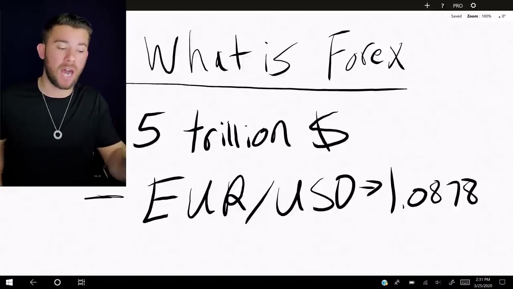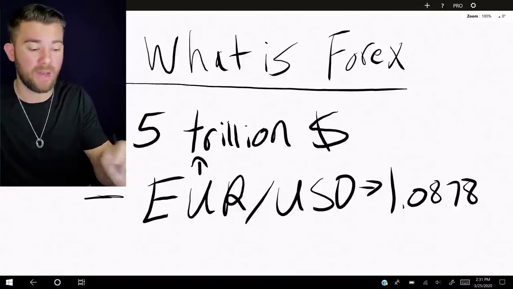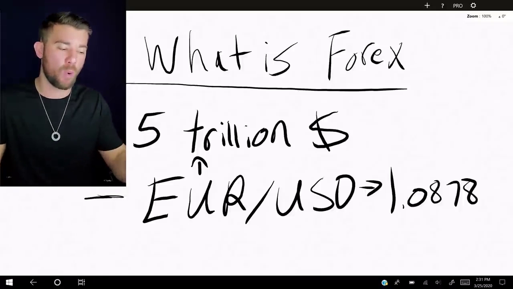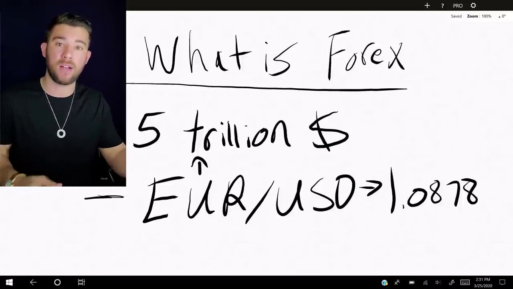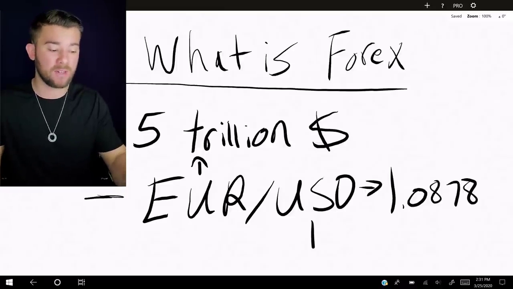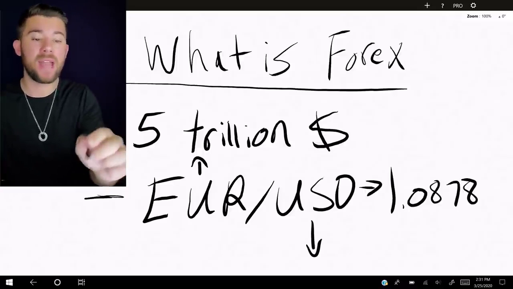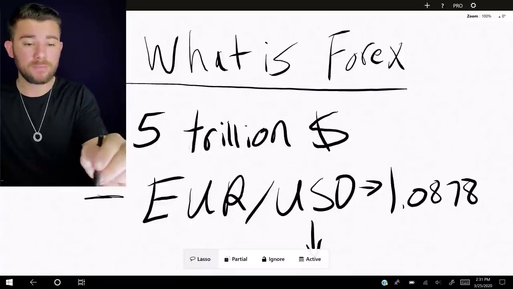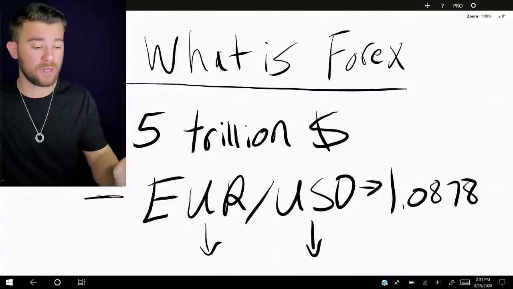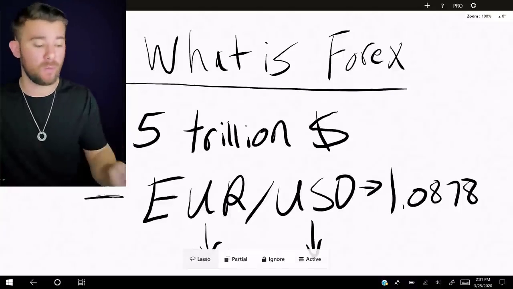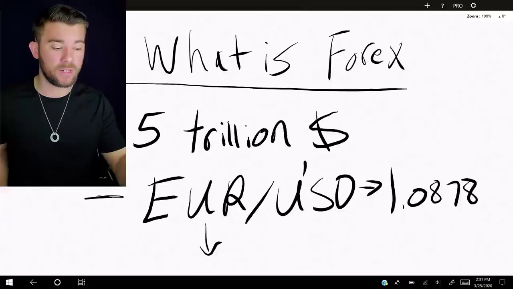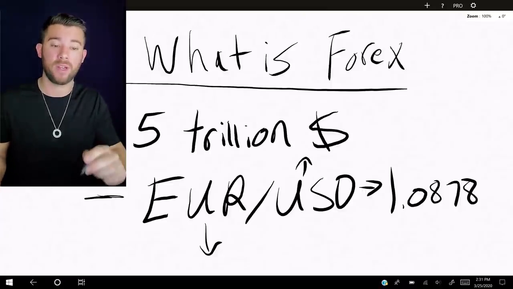Let's say the euro goes up in value, then you're going to need more than $1.0878 to get €1. And if the dollar goes down in value, it's the same thing. And the opposite is true if the opposite happens. If the euro drops, then you're going to need less dollars in order to get €1. And if the dollar rises in value, then you're going to need less dollars to get €1.